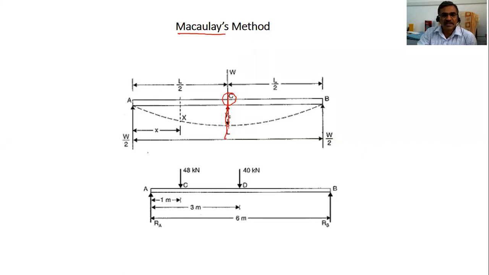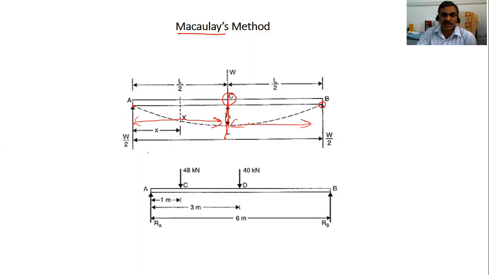So if we calculate the slope at this point, the same slope will be at this point also, since it is symmetrical. Similarly for deflection, if you are able to find the deflection between these two points, the same will be here also.